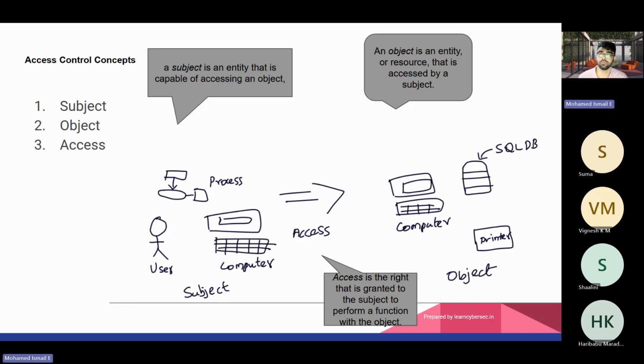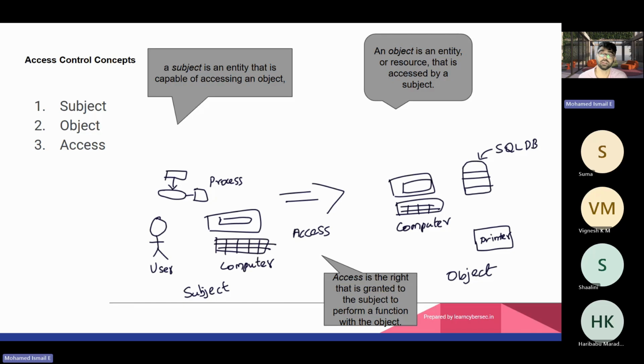So we can grant a subject access to an object that is controlled by access control. This is a very basic and simple foundational concept. If you take a legacy, traditional firewall, it has very basic access control: source IP address, destination IP address, allow or block.